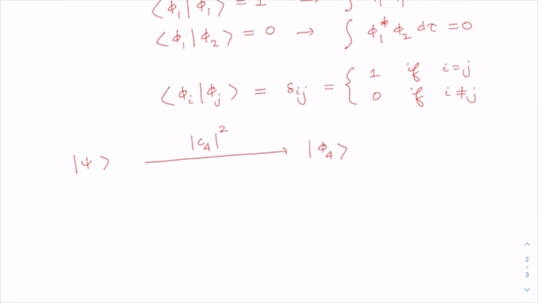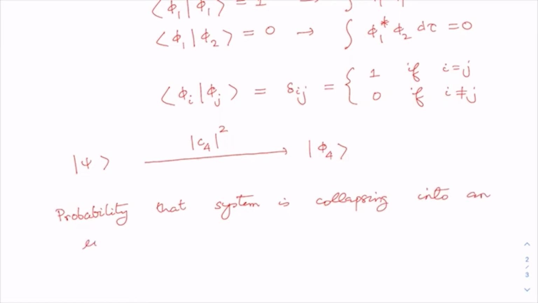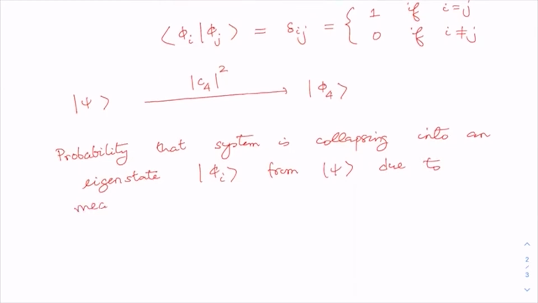So in general, and this is a very important aspect of the postulates, the probability that the system is collapsing into an eigenstate, say phi i, from psi due to measurement is expressed as, say, Pi, the probability that you are going from the arbitrary state psi to the eigenstate phi i, and its probability would be the mod square of this scalar product, and if you calculate it, you can show that this would be nothing but |Ci|^2.